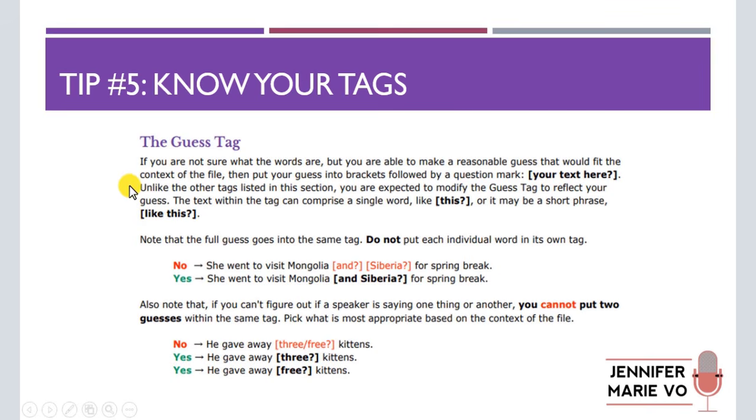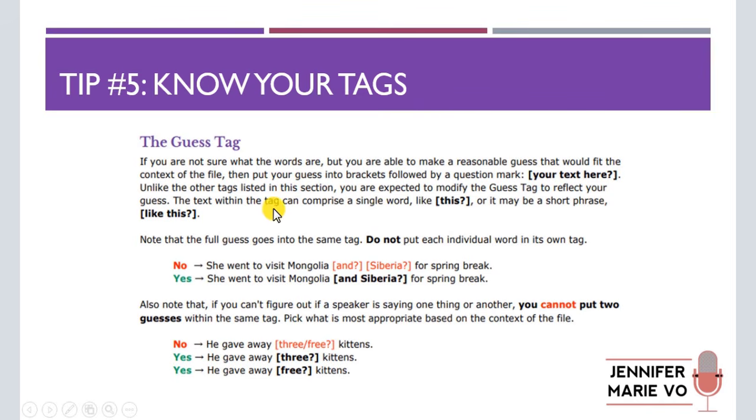Okay, now we have the guess tag. If you're not sure what the words are, but you are able to make a reasonable guess that would fit the context of the file, then put your guess into brackets followed by a question mark. So you would put your guess here and then a question mark. Unlike the other tags listed in this section, you are expected to modify the guess tag to reflect your guess.